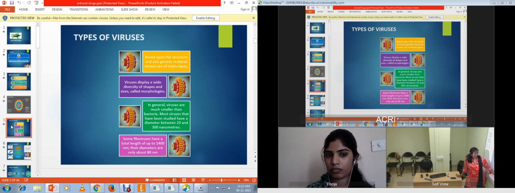Some viruses have a total length of up to 1400 nanometers, while the diameters are only about 80 nanometers. So, based on sizes as well as genetic material, you have different types of virus.